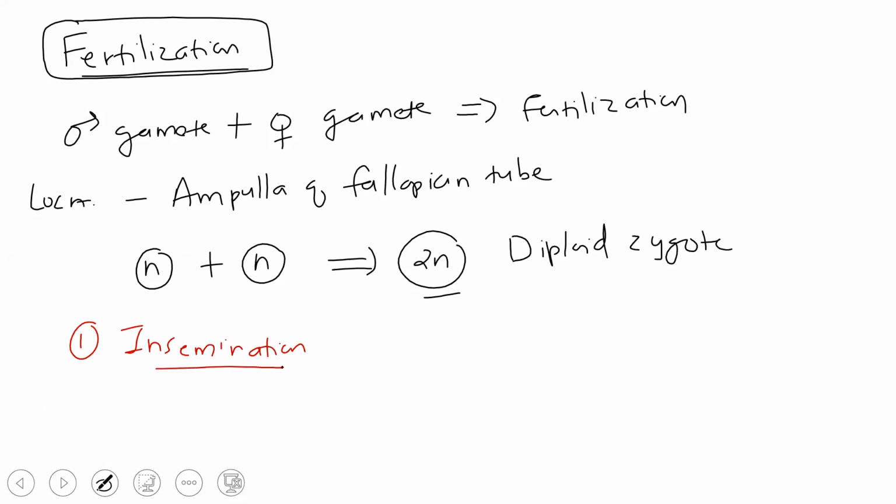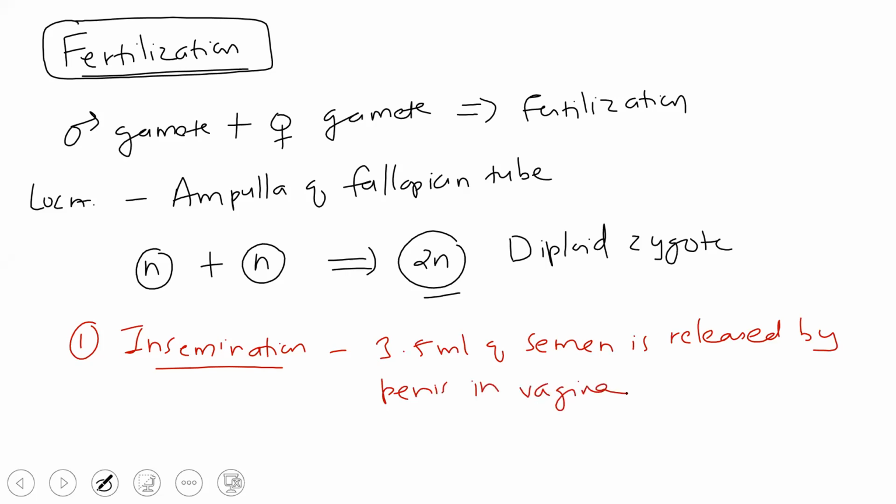Insemination happens through copulation, where approximately 3.5 ml of semen is released by the penis in the vagina through the act of ejaculation.